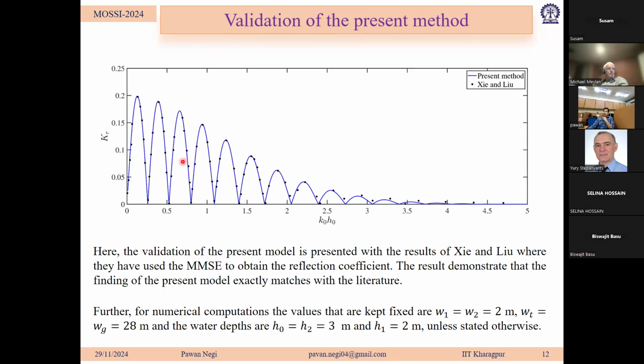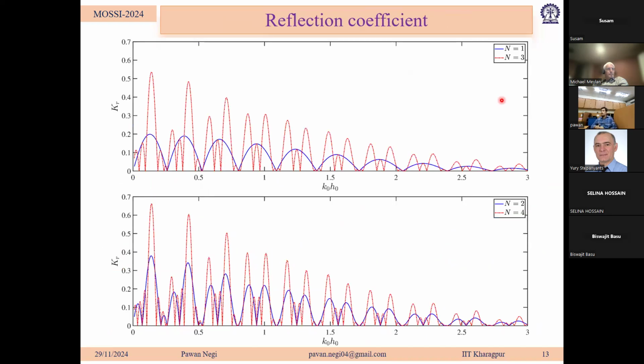We see there is a perfect match with the result of Xie and Yu, so the theorem that we have established for the exact value of the wave number is correct. Now, the reflection coefficients are plotted, in the first case for an odd number of trenches, and in the second case for an even number of trenches.